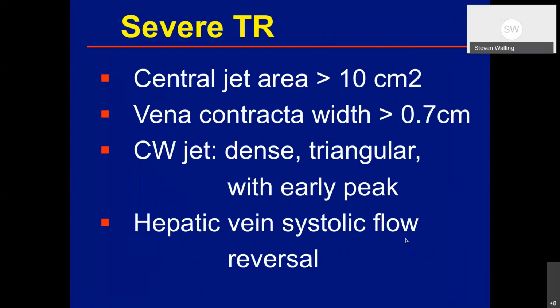The criteria for severe TR is a jet area greater than 10 square centimeters, and the VC is 0.7. That's similar to severe MR. And this we already talked about, but I'm going to talk a little bit about the hepatic vein.